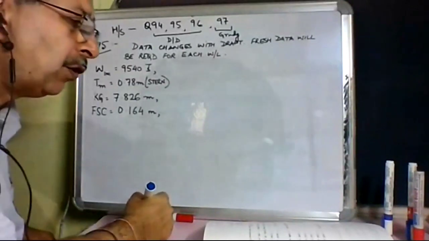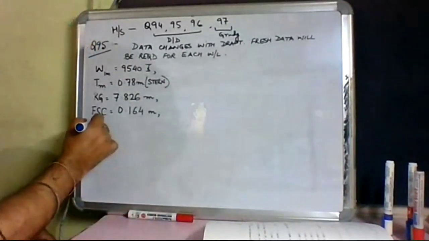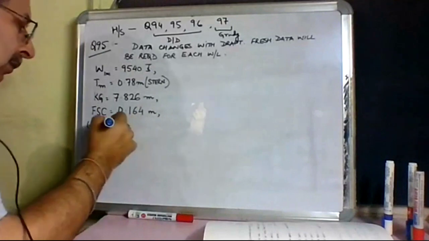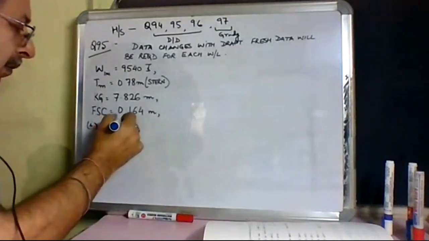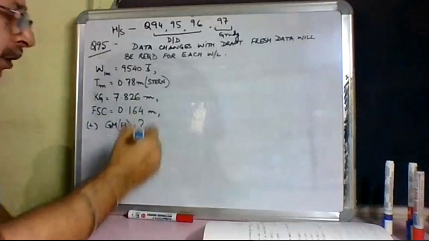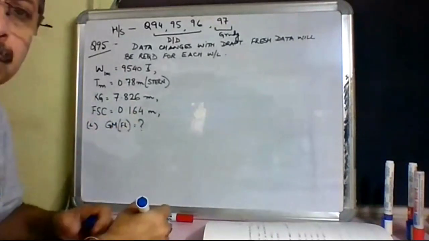We have to calculate the following. First, GM fluid of the vessel before entering dry dock. Which waterline are we talking about?